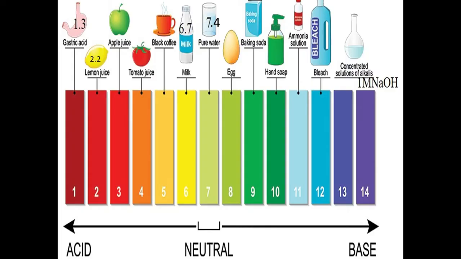Come to the next. This is a common table. You can see here various products are shown along with their pH. From the examination point of view, in our stomach gastric HCl has a pH of 1.3. Similarly, lemon juice has a pH of 2.2. Milk has a pH of 6.7.